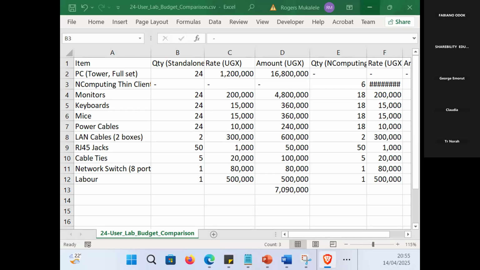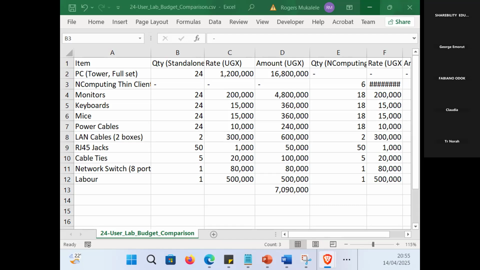Because if the server is not open, those 30 computers will not be used. That's the disadvantage I'm looking at when we are using in computing. Okay, thank you very much.